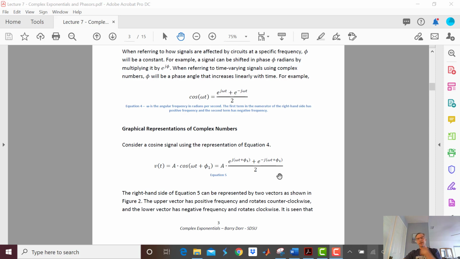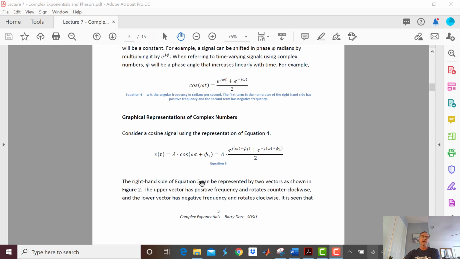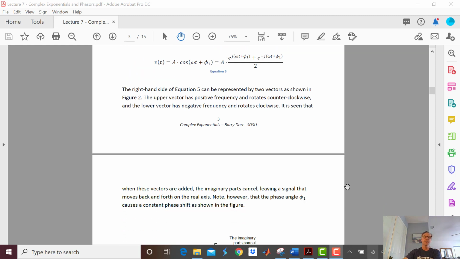So this is an equation, but it's got a lot of stuff going on. So let's make it simple and intuitive. The right-hand side of this equation can be represented by two vectors. The upper vector is going to have a positive frequency and rotate counterclockwise, and the lower vector has a negative frequency and rotates clockwise.